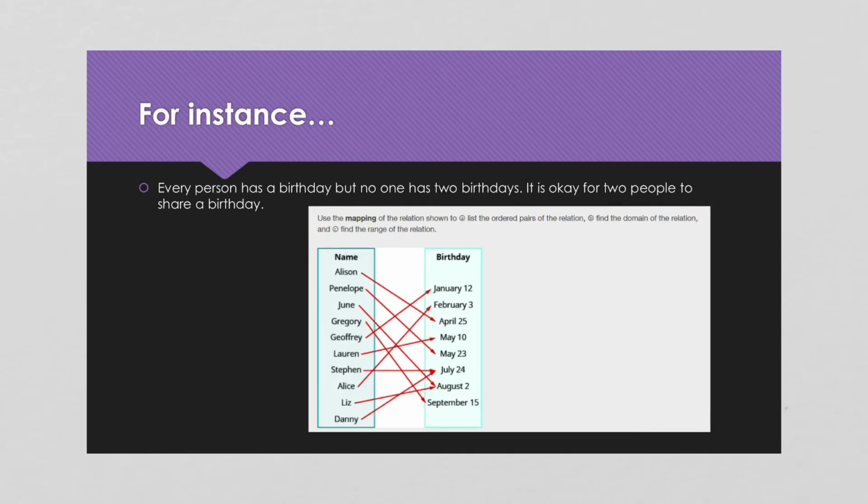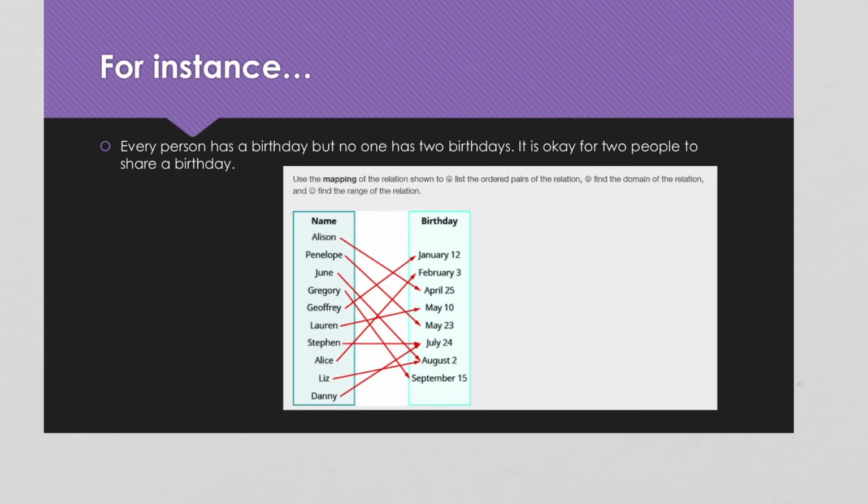So let's go back to the birthday one. So if they say, is this situation right here a function? Look at it this way. Each person is only allowed to have one birthday, okay? So your x values are not allowed to repeat. Allison is not allowed to have 2 birthdays, okay?